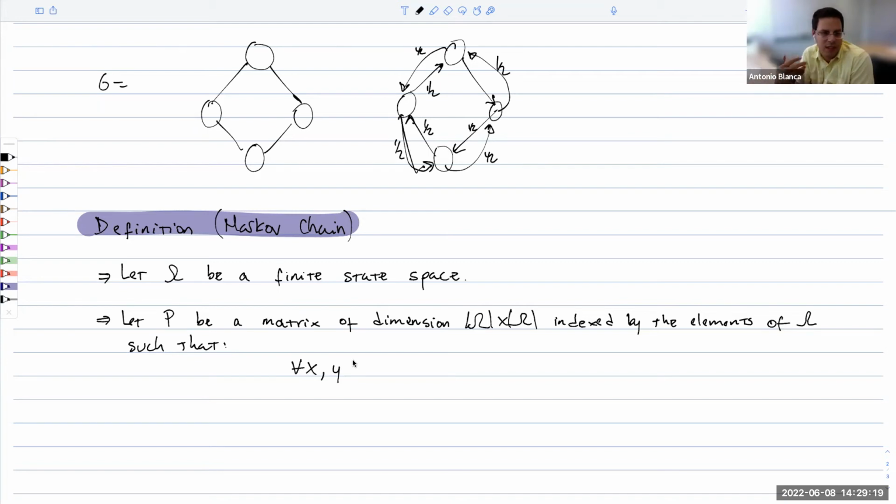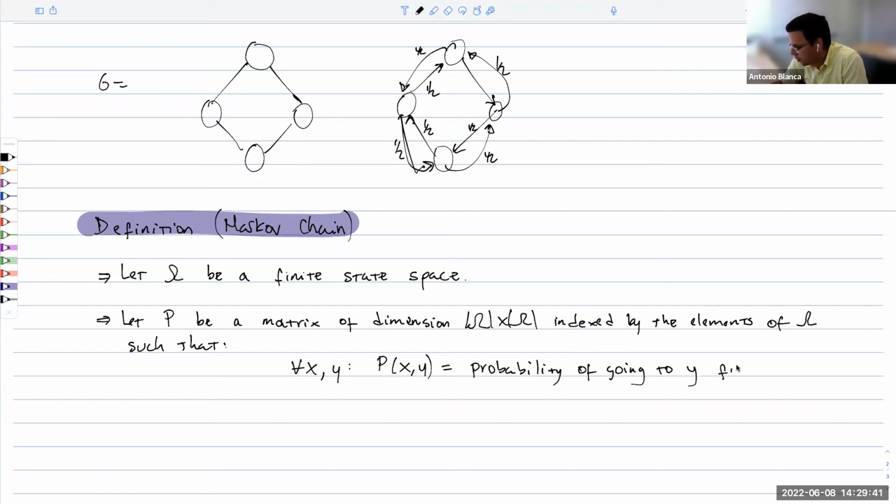So P is called a transition matrix, and the entry P(x,y) tells you the probability that if you are at x, we go to y. So this is the probability of going to y from x.